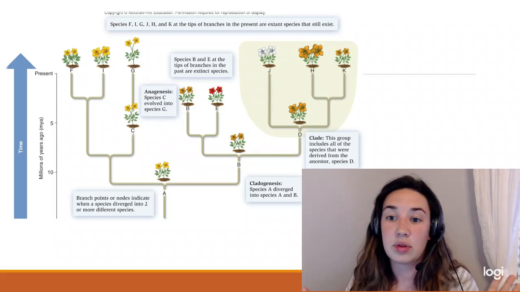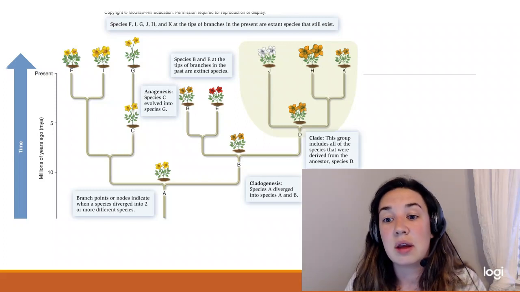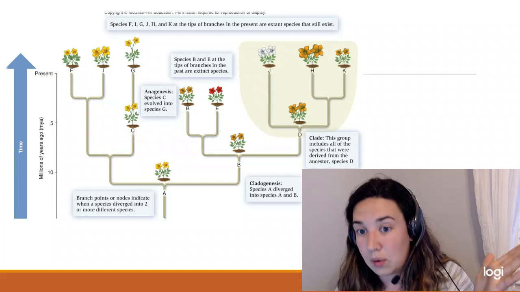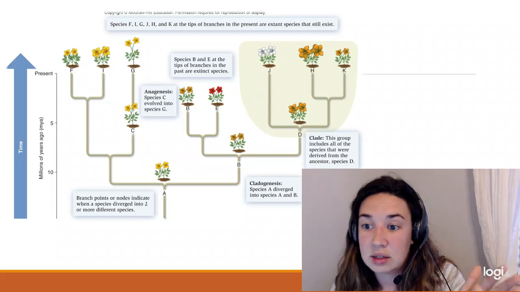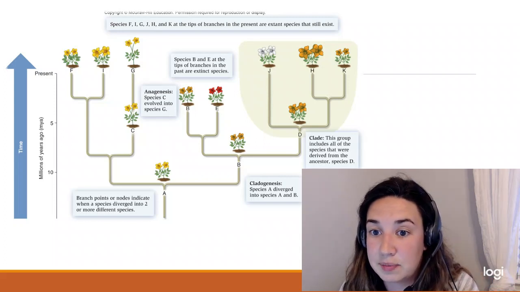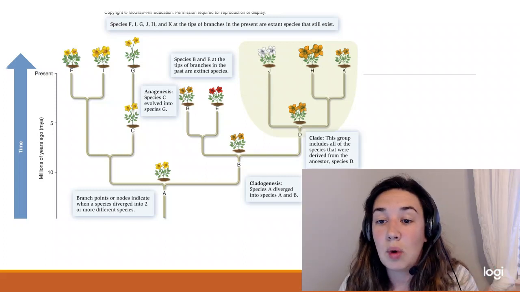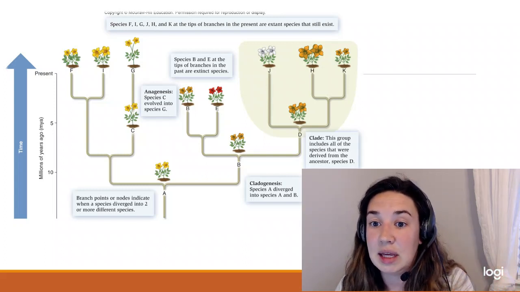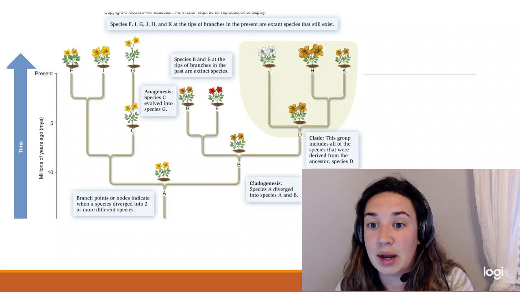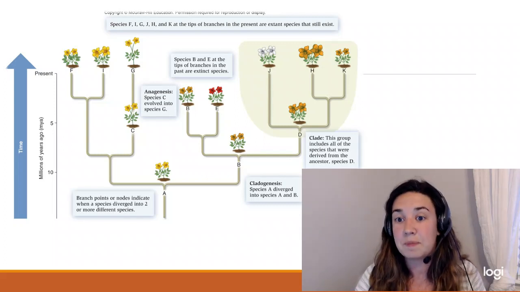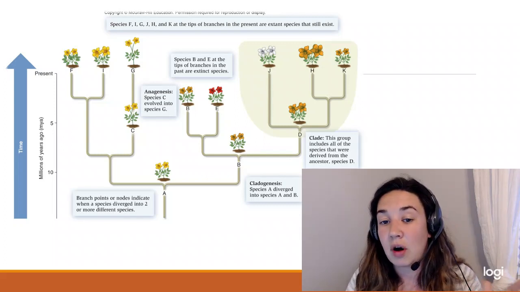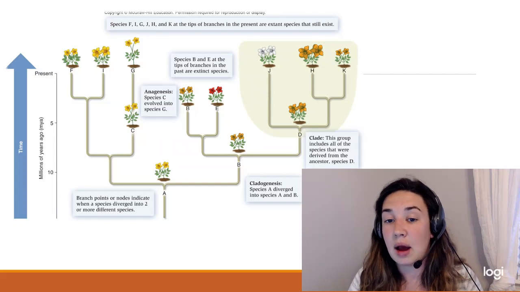The group on the left has another node, but that node continues to include species B. So you do have species B over time, but you also have species E that is changing at the tip of the branch.